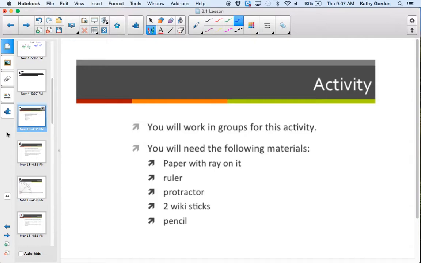And then we'll talk about, like, so what happened in this case, and what happened in this case, and what happened in this case. So you start to see what the different possibilities are. Okay? So, paper with a ray on it. That's your piece of paper. You're just using 1 for right now. You've got the ruler, the protractor, the 2 wiki sticks, and something to write with. Yes? We're good? All right, so here's your first direction.